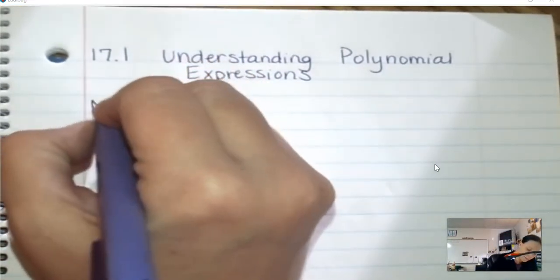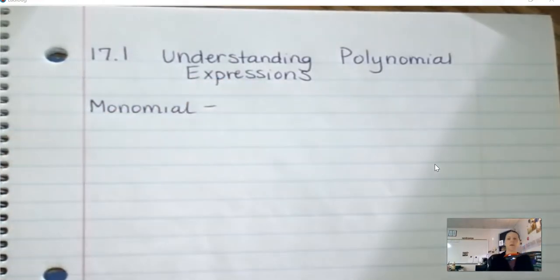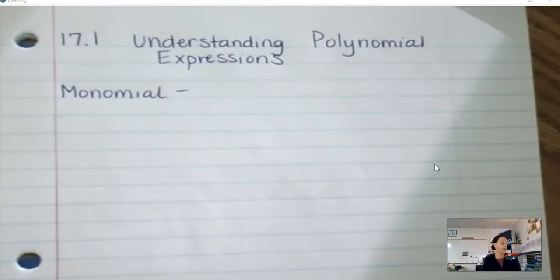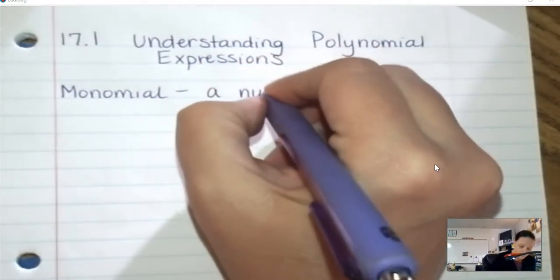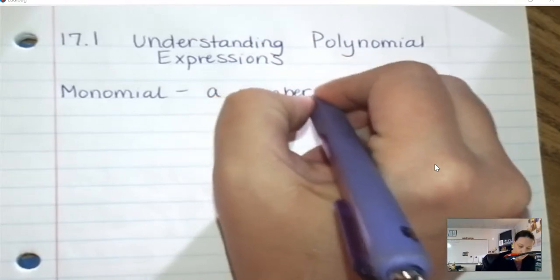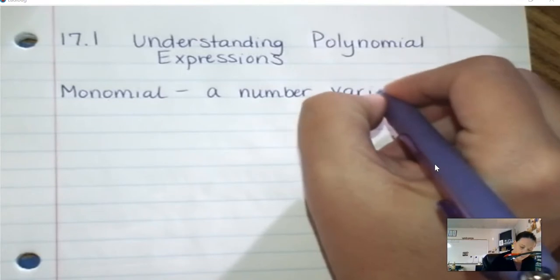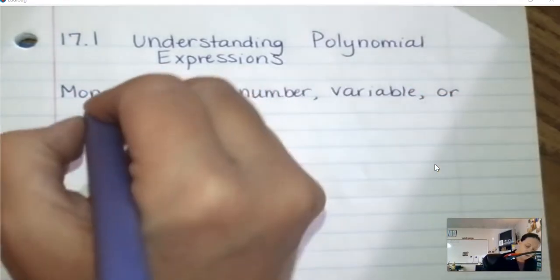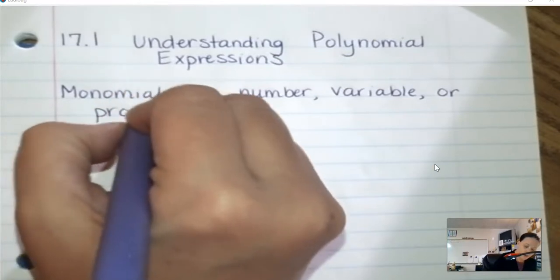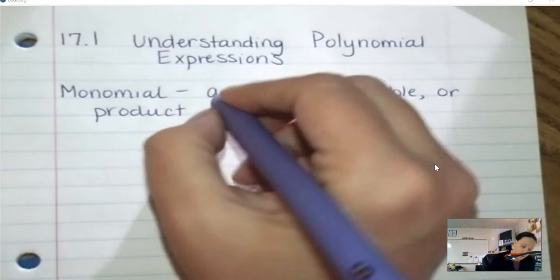Okay, the first vocabulary word is monomial. A monomial is a number, a variable, or the product. Remember, product means the answer to a multiplication problem, or it's the product of numbers and variables.